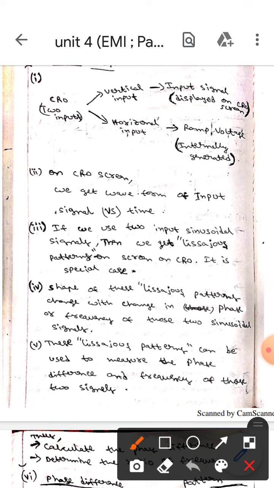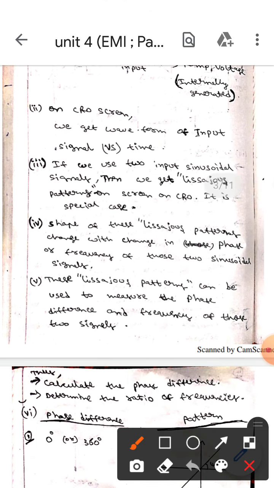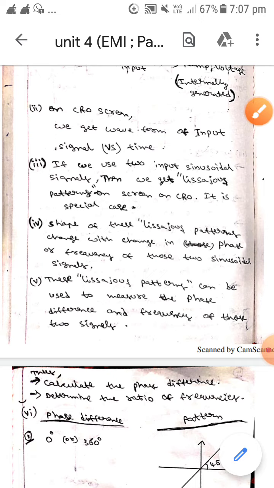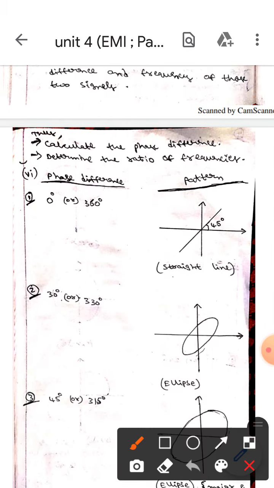Here, these Lissajous pattern shapes are dependent on the phase and frequency of those sinusoidal signals. These Lissajous patterns can be used to measure the phase difference or frequency of those signals. By using Lissajous patterns, we can calculate the phase difference and determine the ratio of frequencies.